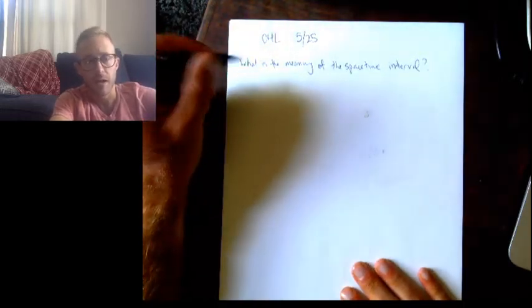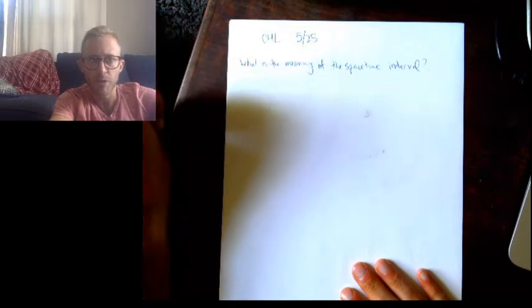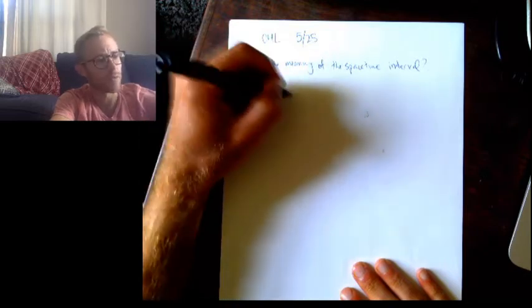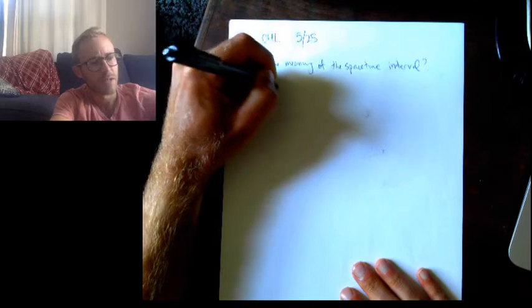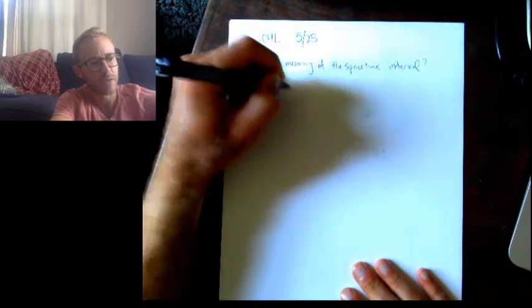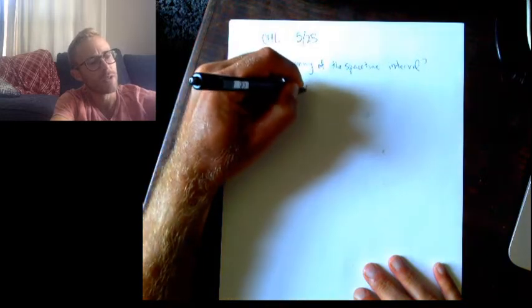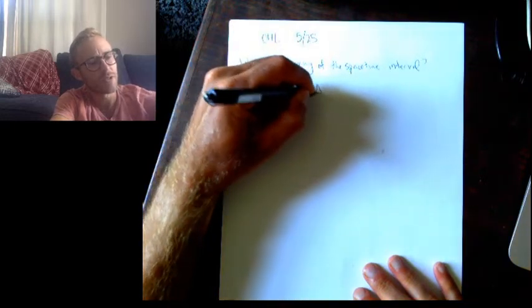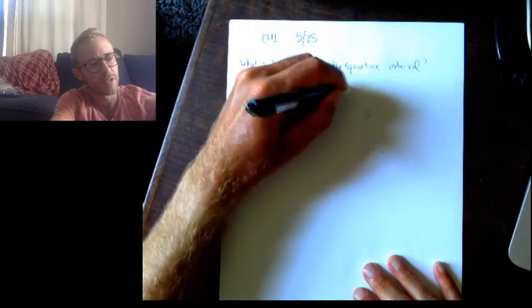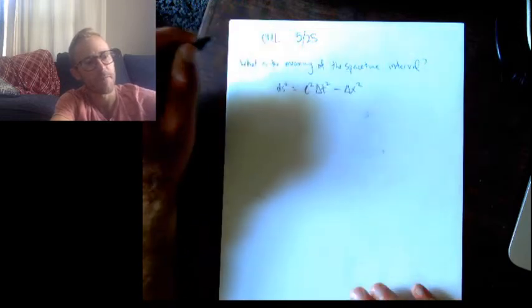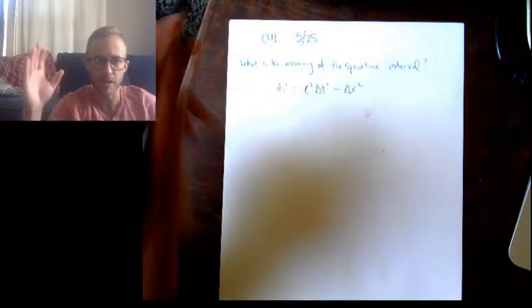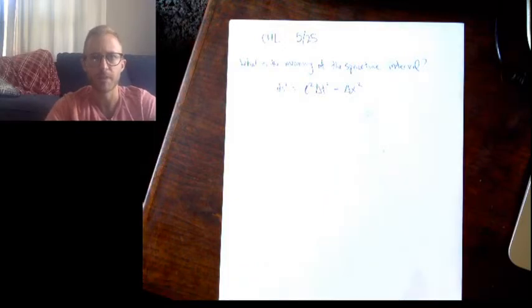Okay, so what I want you to imagine. Remember, the space-time interval is denoted by ds squared, and it's equal to c squared times delta t squared minus delta x squared. And it's separating 2 events in space-time.